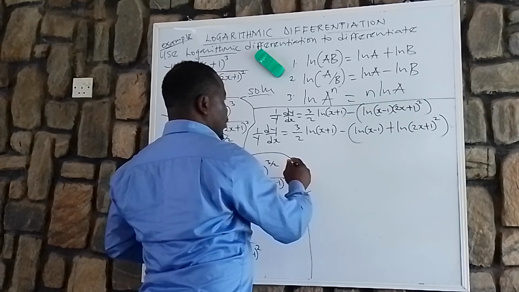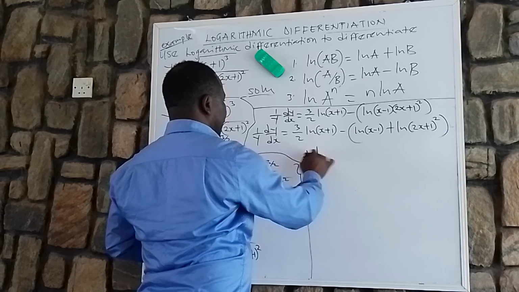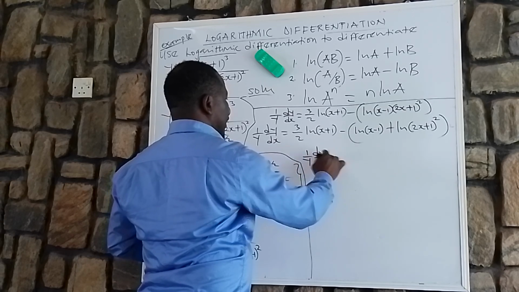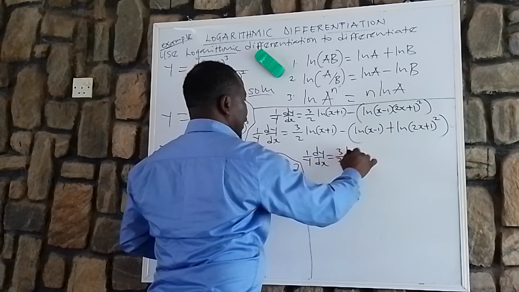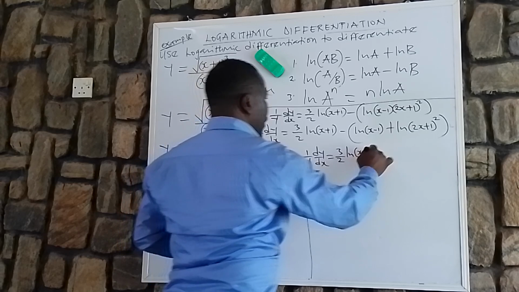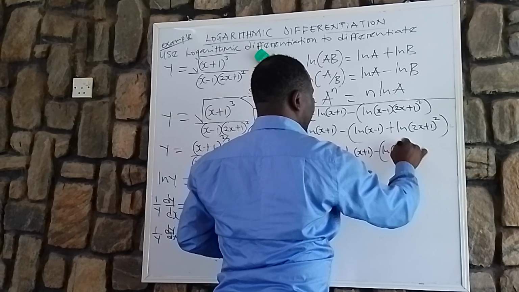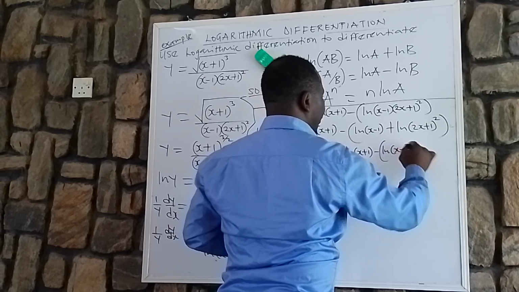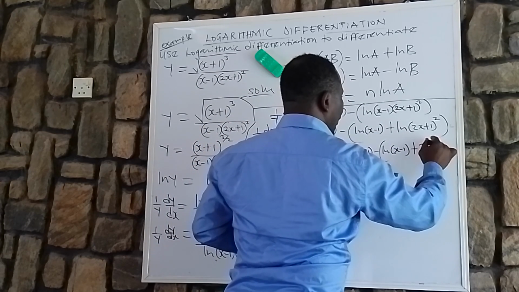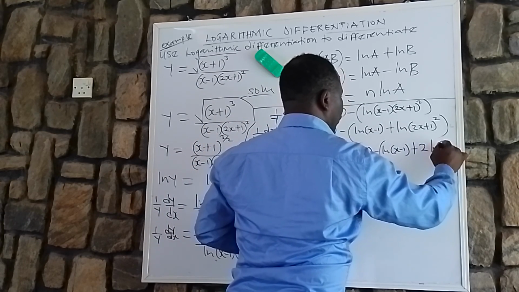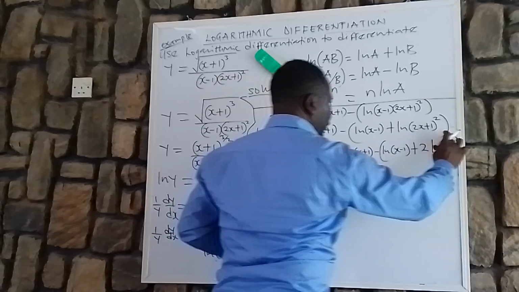So here we're going to have 1 over y dy over dx is equal to 3 over 2 ln (x + 1) minus ln (x - 1), then plus, we apply this law here, 2 ln (2x + 1), close the bracket.